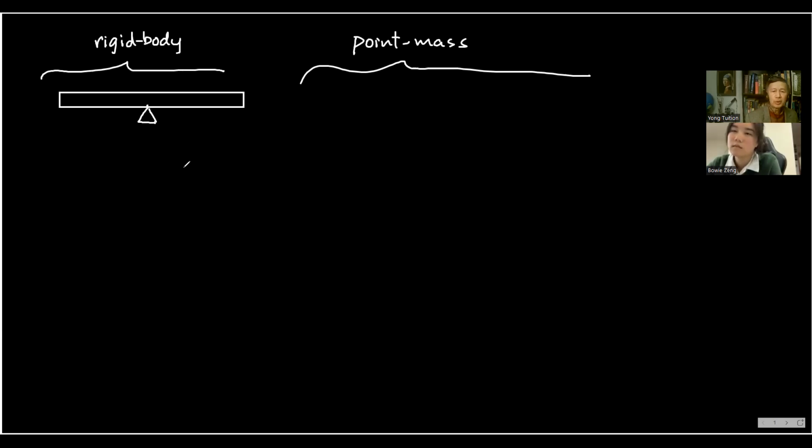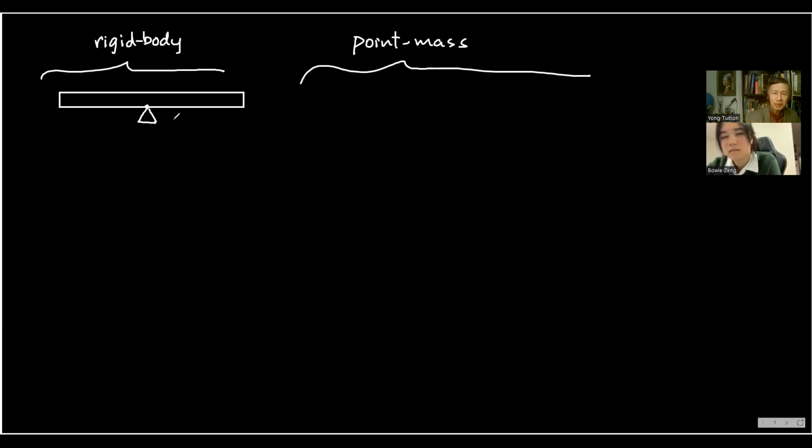Because in the real world, this beam could be elastic, right? But for a rigid body, we assume that it cannot change its shape or its length. So that is the ideal case. If it is balanced, it will stay balanced.